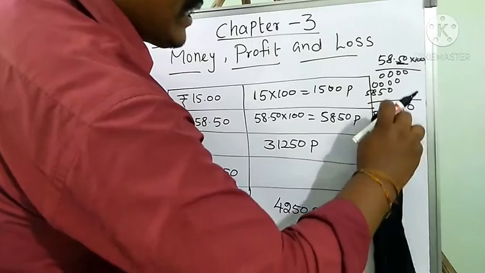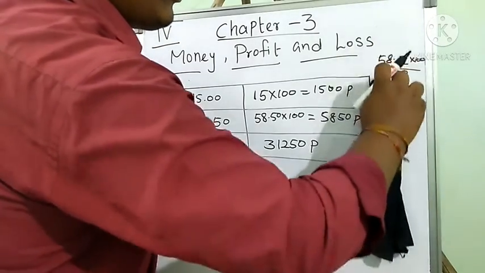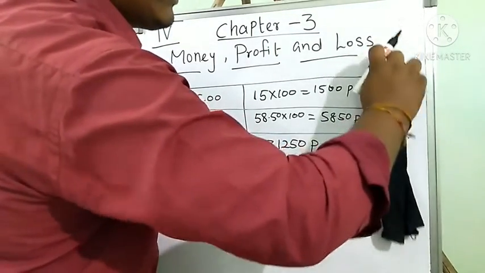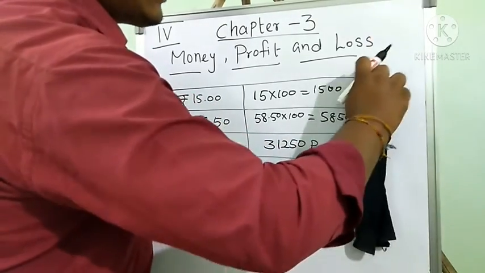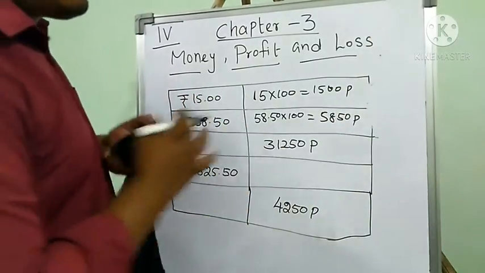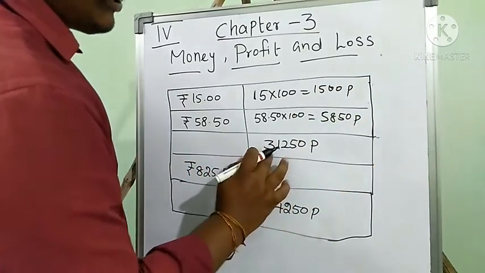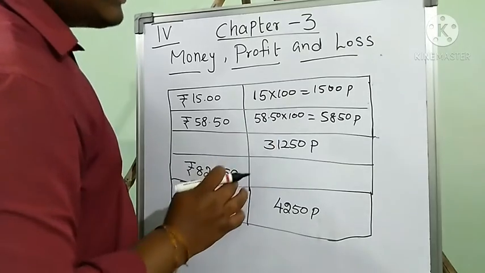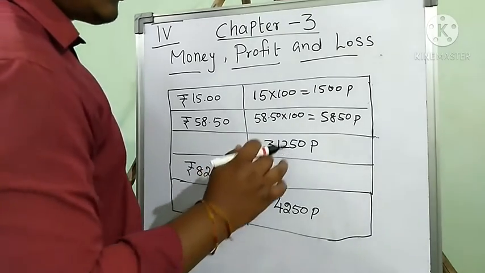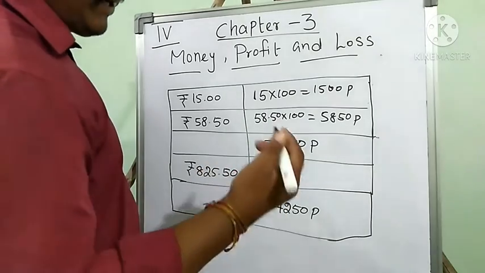Now we want to convert it into rupees. So what I told you, if you want to convert paisa into rupees, you have to divide by 100. So as per that, I am going to divide by 100. 31,250 paise divided by 100.